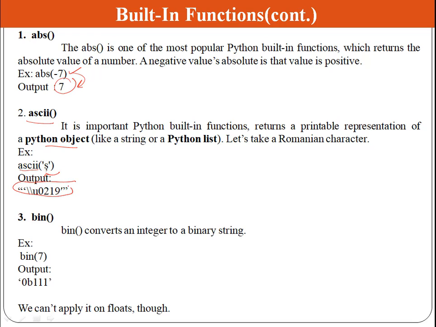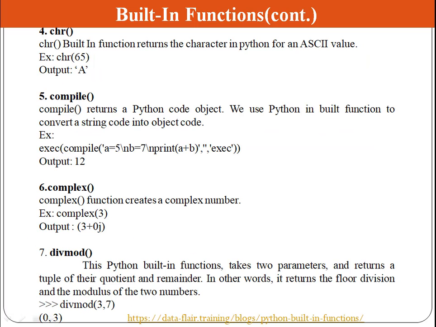So this is the integer that has been passed, this is the function, and this is the binary it is returning to us. Here you can see we cannot apply it on floats though. Then chr returns the character in Python for an ASCII value. So if you are passing 65 to it, it is returning this A. Corresponding to 65 we have the character A.